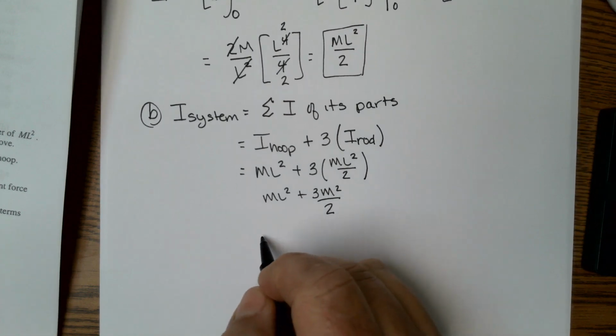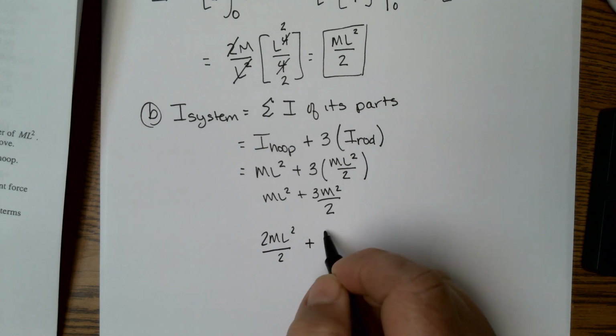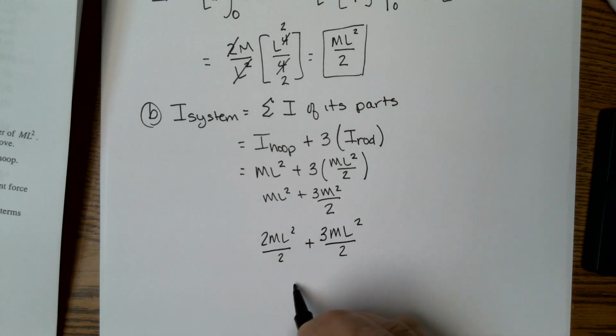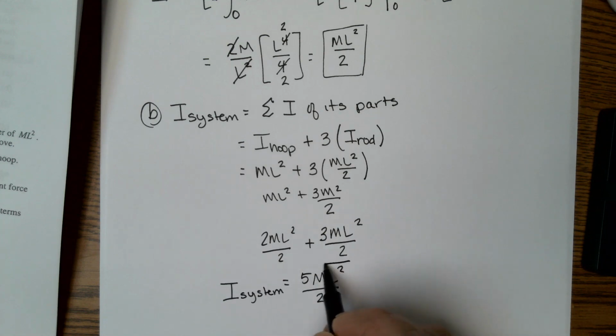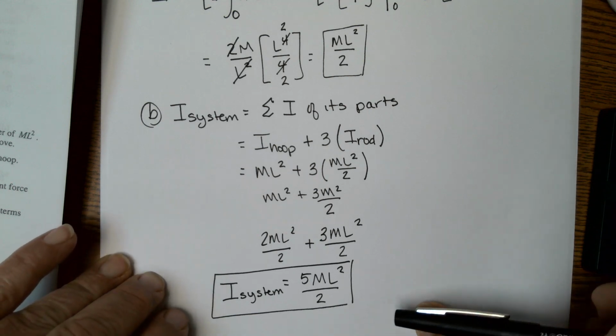Give them a common denominator, so 2 ml squared over 2 plus 3 ml squared over 2 for a grand total of 5 ml squared over 2. And that's the I of my system. Okay, moving on from there.